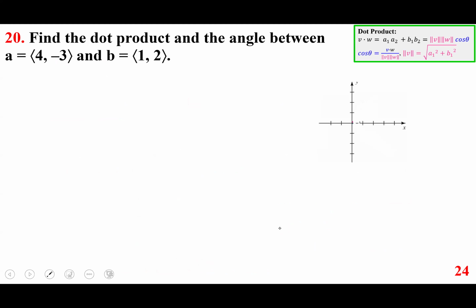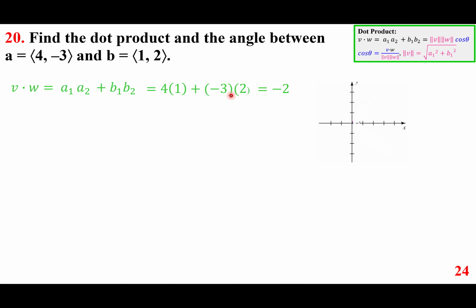Now, we want to find the dot product for these two, and we want to find the angle in between. So just simply put, we follow the formula A1, A2 plus B1, B2, which means 4 times 1 plus negative 3 times 2. This is 4, this is minus 6. They add up to negative 2.